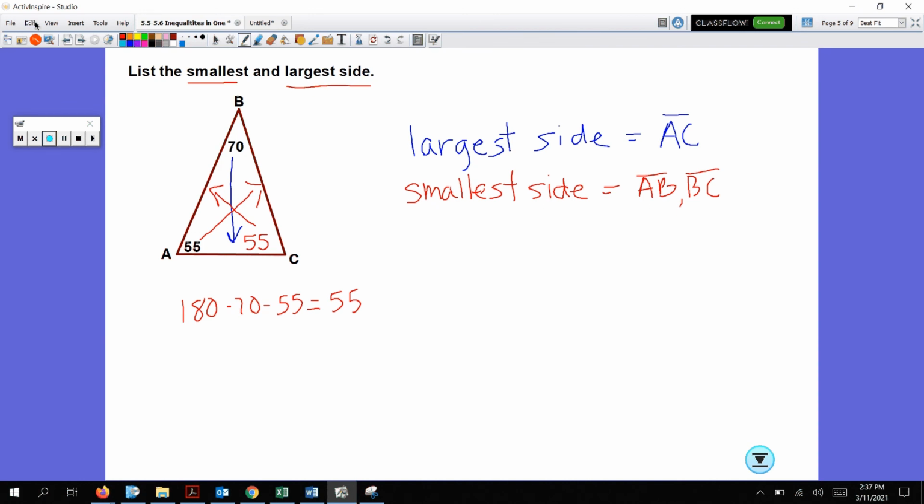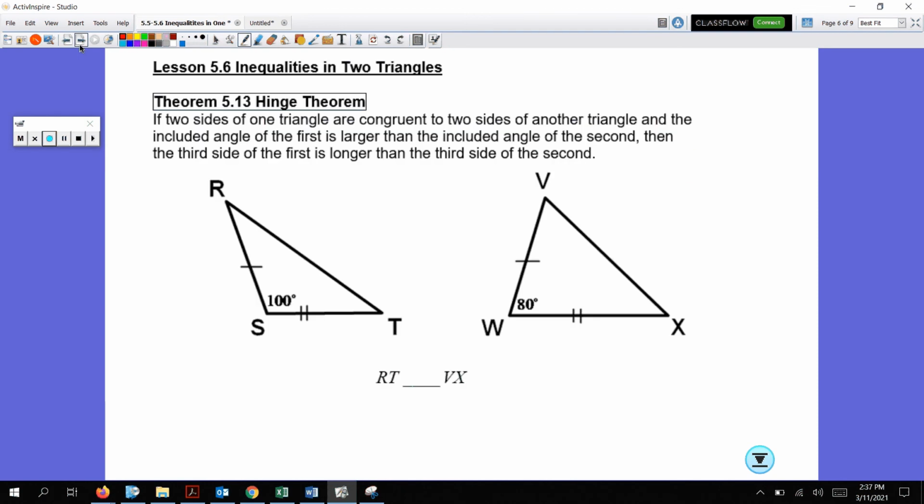Now we're going to talk about 5.6. We only have a couple examples to do, but you guys are so smart, you're going to get through this like nothing. All right, so 5.6, the Hinge Theorem. If two sides of one triangle are congruent to two sides of another triangle, and the included angle of the first is larger than the included angle of the second, then the third side of the first is larger than the third side of the second.